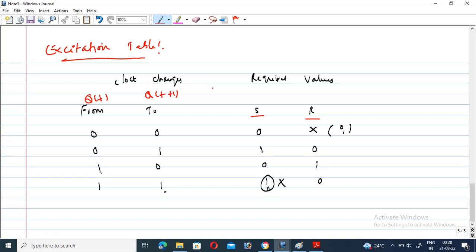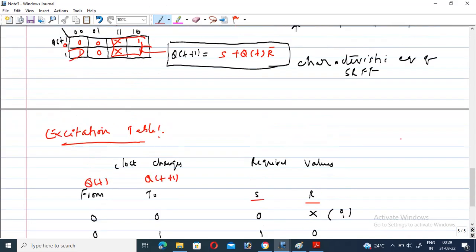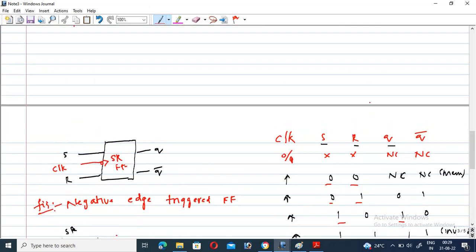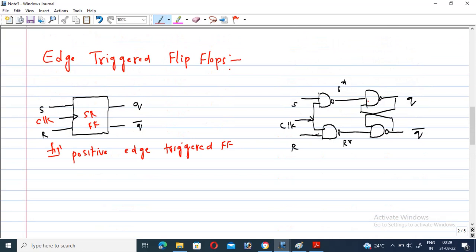If you know this concept, you can extend it to any flip-flop, whether it is a D flip-flop, JK flip-flop, SR, or T flip-flop. If you know the concept of the excitation table and how we can derive the characteristic equation from the K-map, you can have plenty of knowledge in flip-flops. Not an issue. Thank you for supporting GMK tutorials. I hope this video is clear for you.